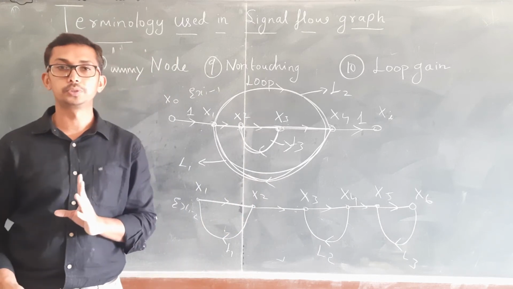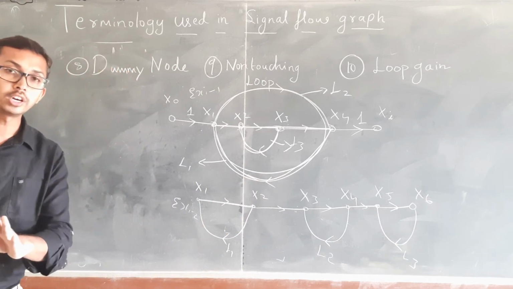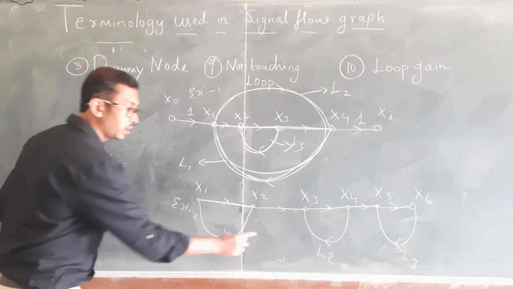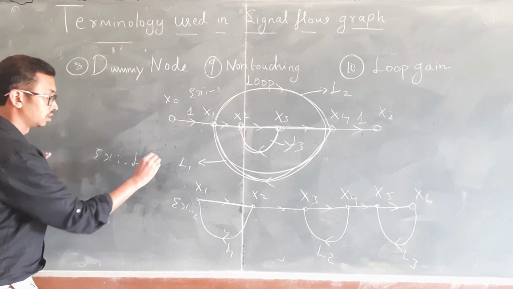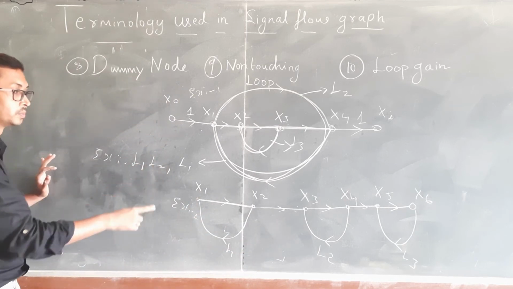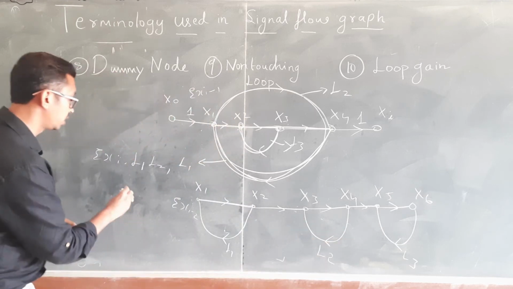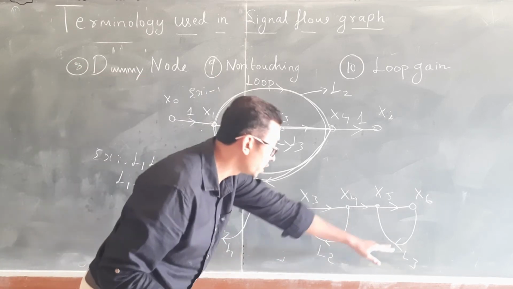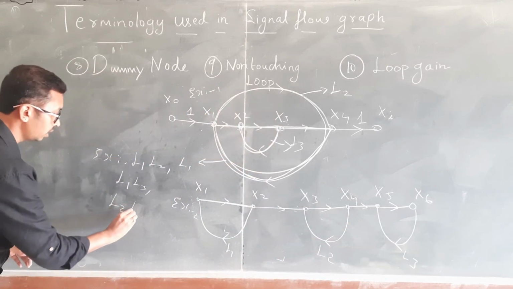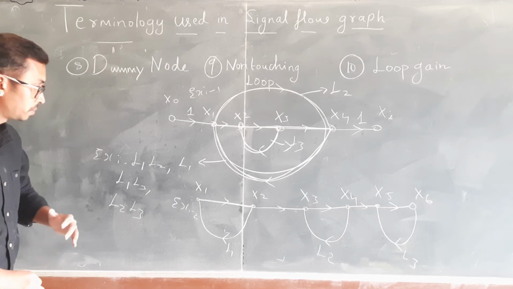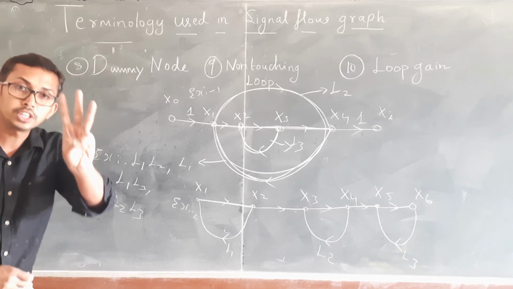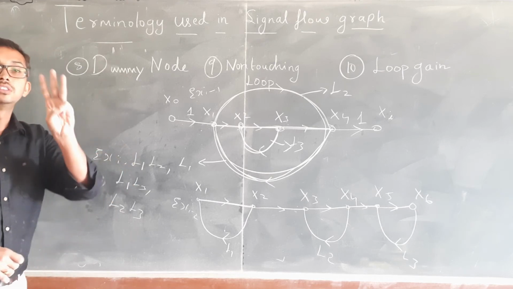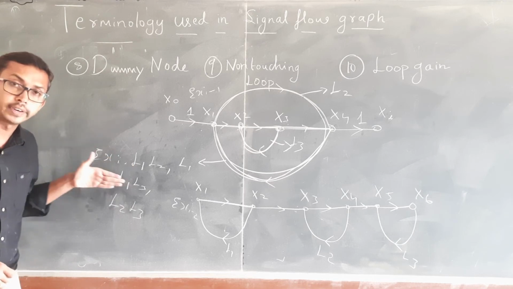So there are 3 combinations of 2 non-touching loops in this example. Have you got it?